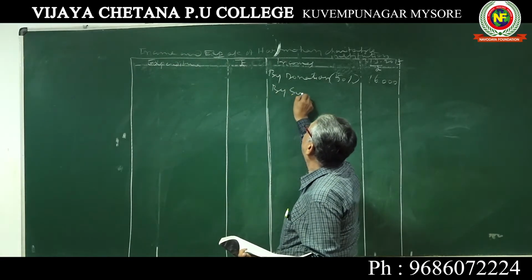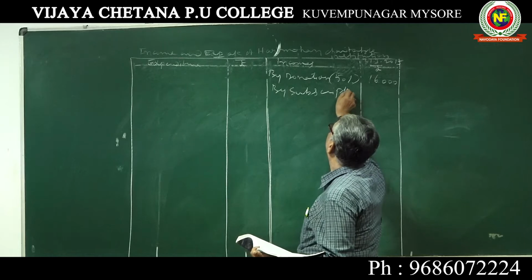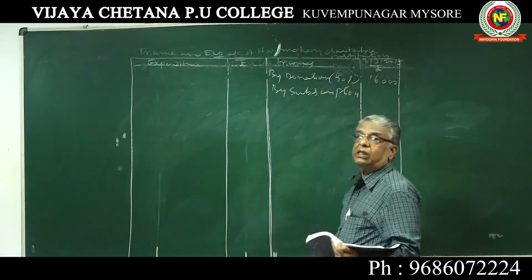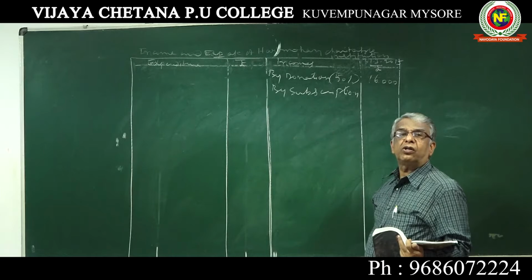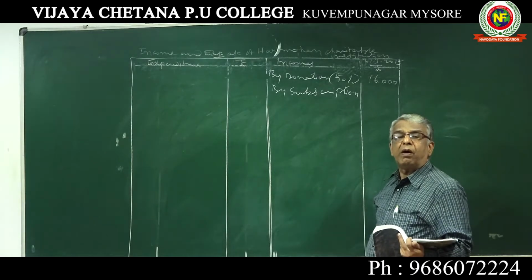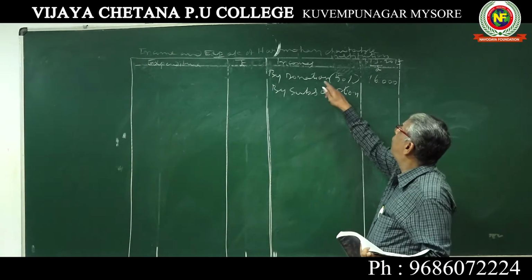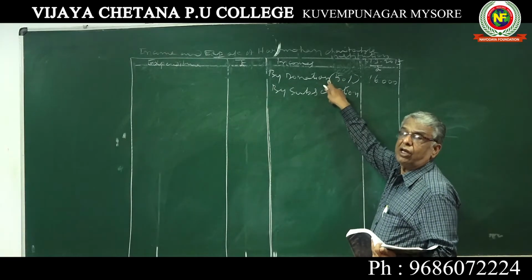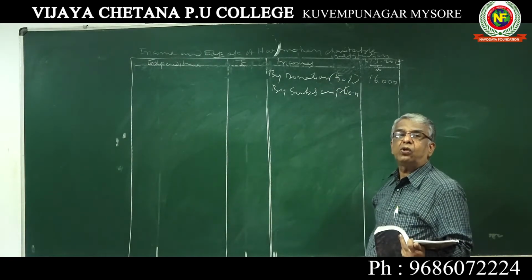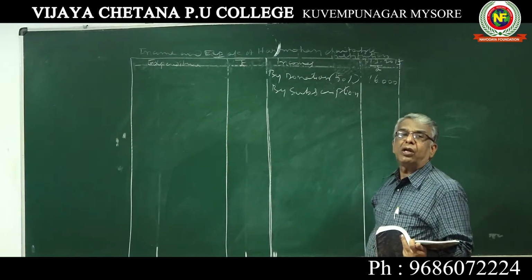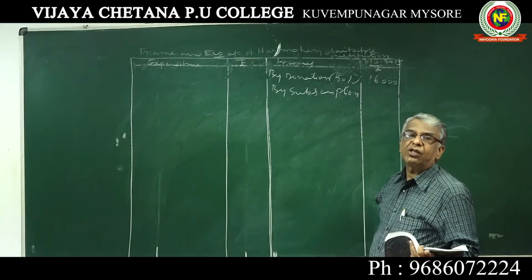Subscription. See here, donation is nothing but the cash or property given by the public to the non-profit organization, so we call it donation. A subscription means the members are supposed to pay the subscription amount to keep alive their membership in the non-profit organization.